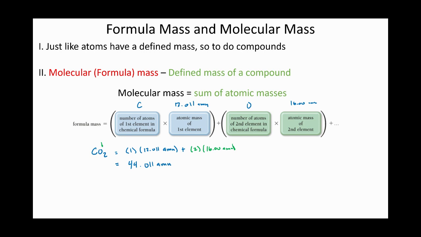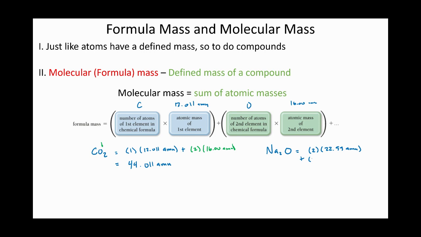We can also do an ionic compound, something like sodium oxide, Na2O. When I say sodium oxide, you should be able to tell how many sodiums and how many oxygens you have when writing that formula. We know we have two sodiums. Each of those sodiums weighs 22.99 atomic mass units.